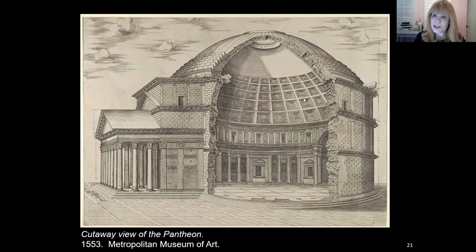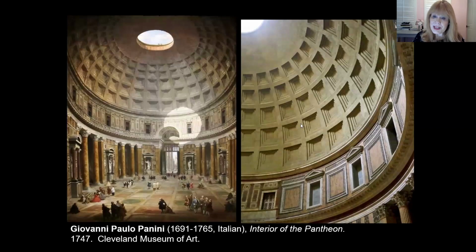Now, the Pantheon is a really interesting place. And as we go to the interior, here are the coffers that recede back into space, a classical design with the triangular pediments. And then there is a huge 20-foot oculus at the top.